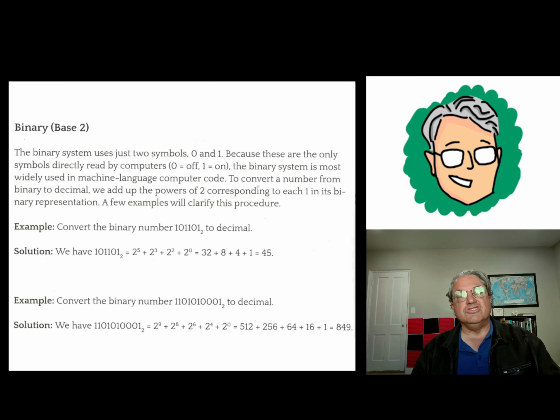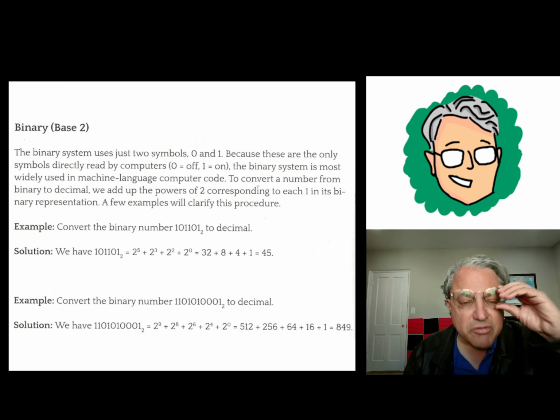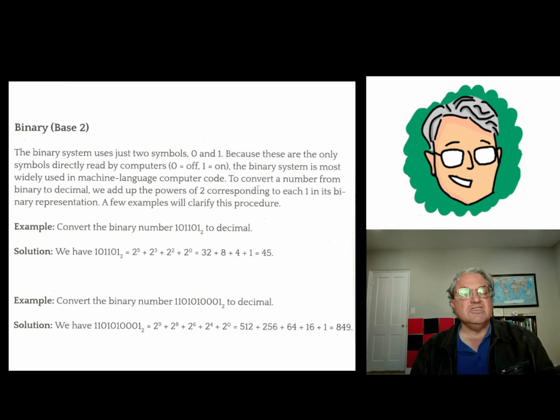Just like decimal, it's a place value system. The binary digits are called bits, by the way. The bit on the right is a 1, so that's the ones place.